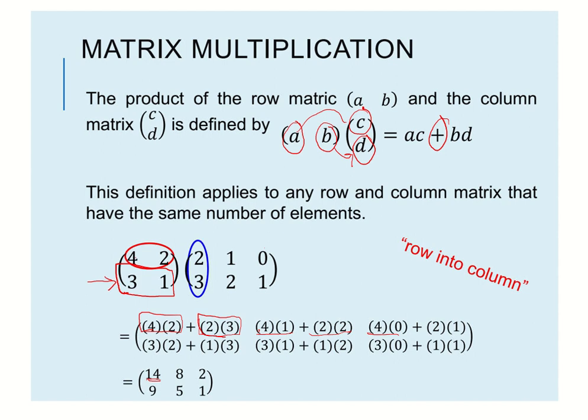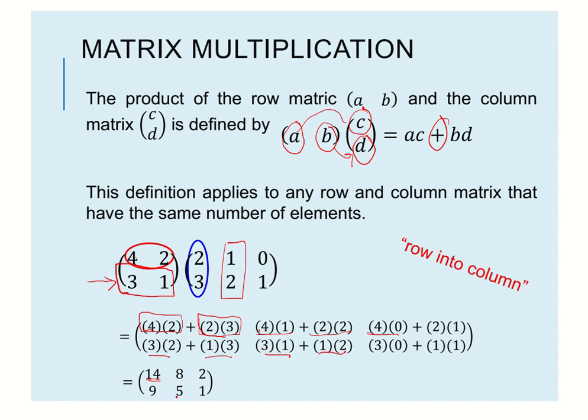Now we multiply the first column. 3 times 2, 1 times 3. And we sum. So we have 6 plus 3, 9. And after that, move to the second column. 3 times 1, 1 times 2, right?